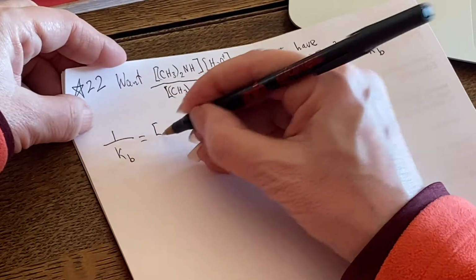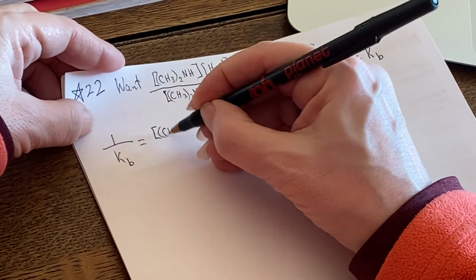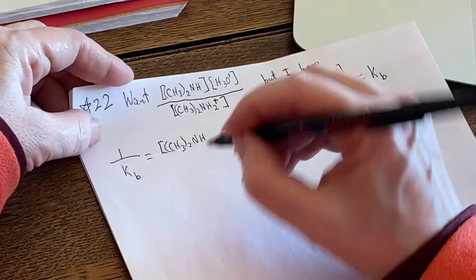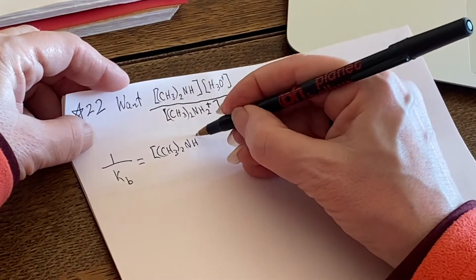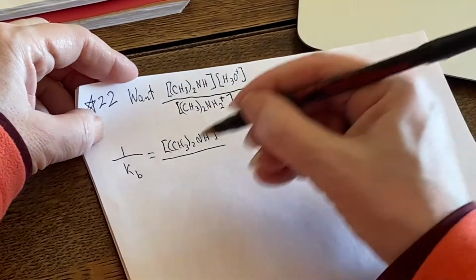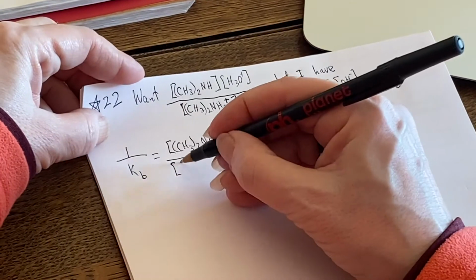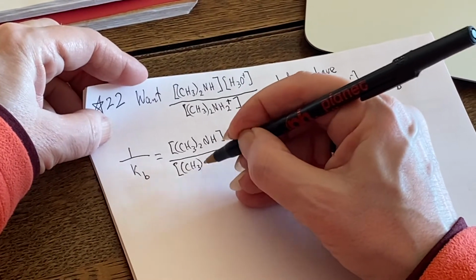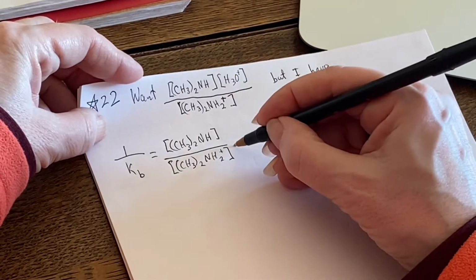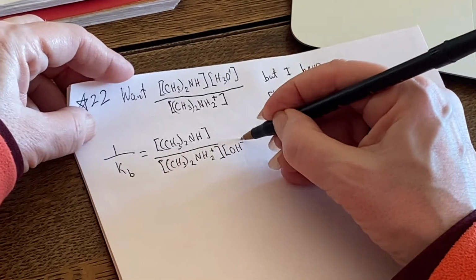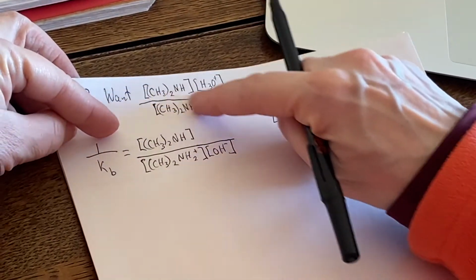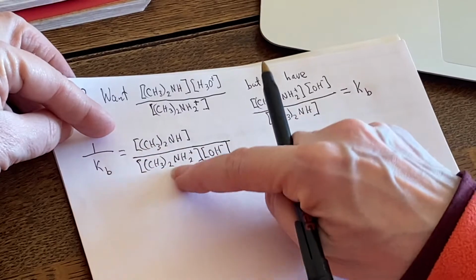That would give me the (CH3)2NH over the (CH3)2NH2 plus and OH minus. Okay, so now at least I have these two proper.